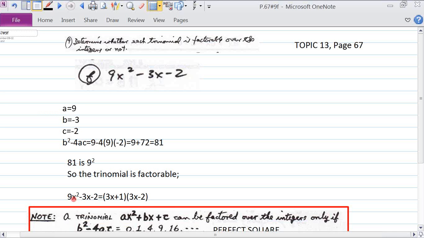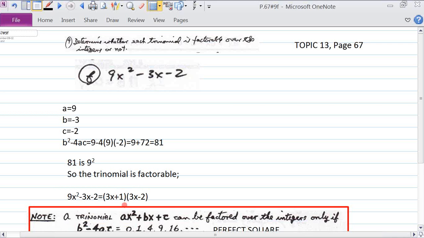And actually, if you look at this right here, you can see that if you factor this, 3x times 3x gives me the 9x squared, plus 1 times minus 2 gives me minus 2, and now I have plus 3x as my inner and minus 6x as my outer, and I get minus 3x.